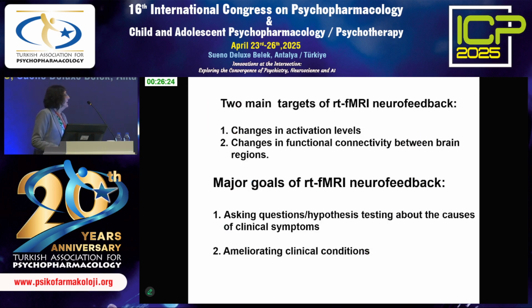When we talk about the possible targets for neurofeedback, there are typically two main targets. One, we are attempting to change activation levels in specific brain regions, or we are trying to impact functional connectivity, also in specific brain regions.